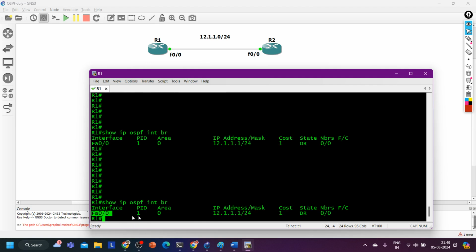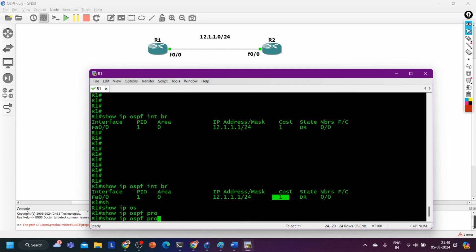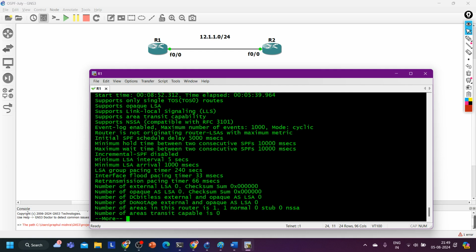Interface FastEthernet 0/0. What is the process ID over here? 1. What is the area ID? 0. IP address 12.1.1.1/24. What is the cost metric? 1. Done. How has it calculated the cost? Show ip ospf.